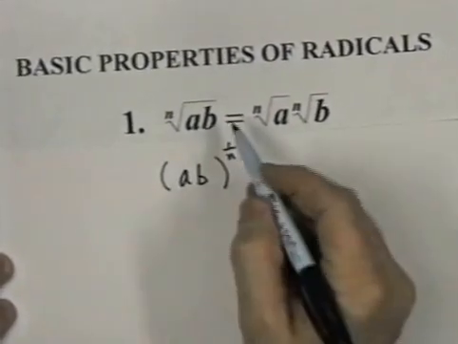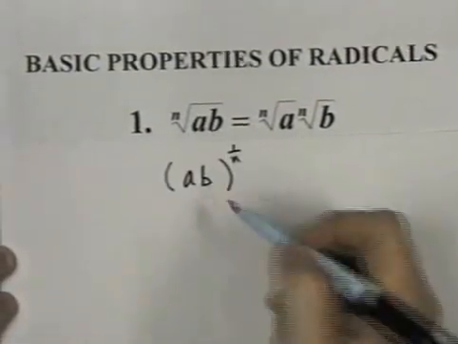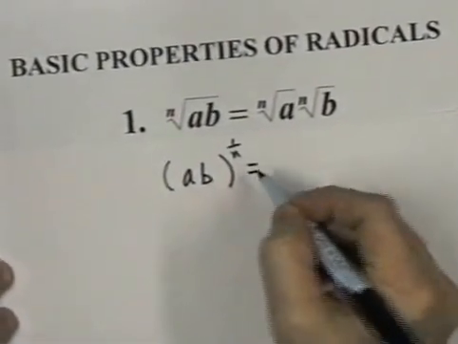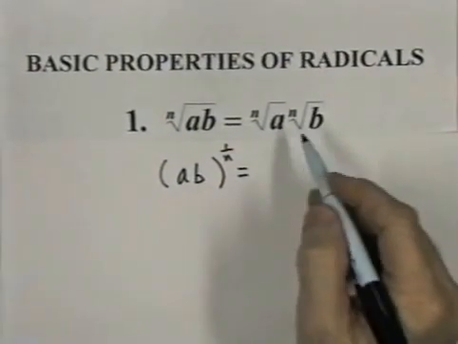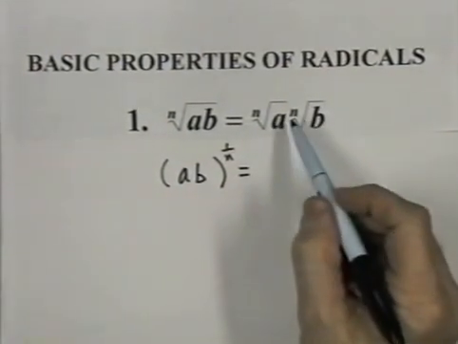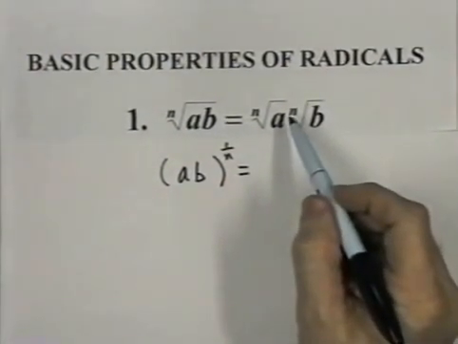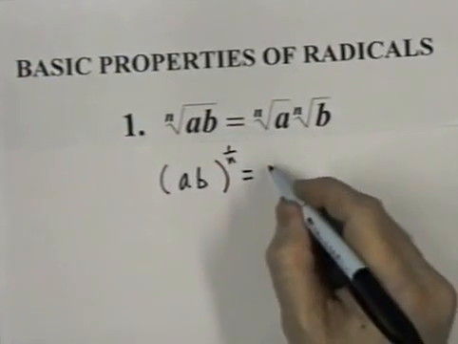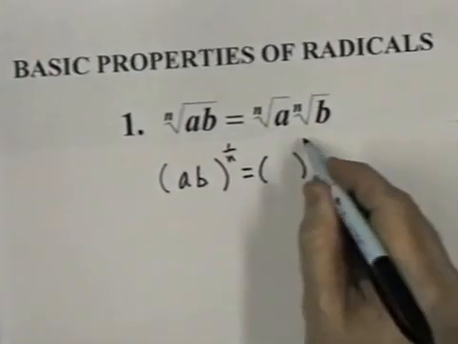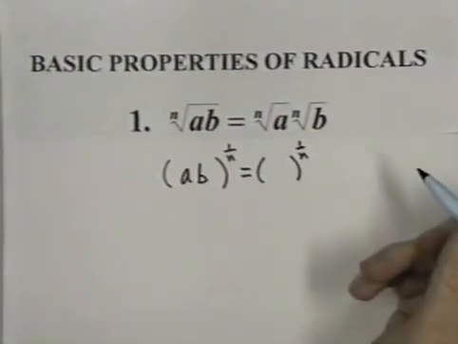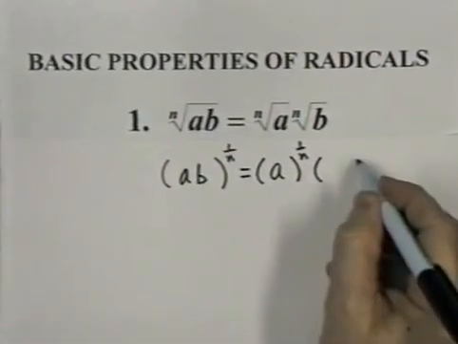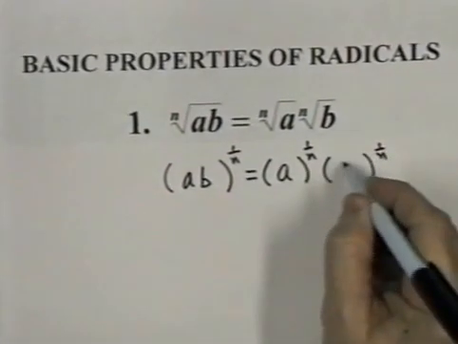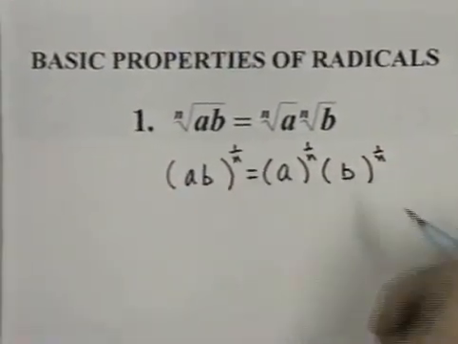So the left side of this property can be written like that, and the right side of that property, we can do a similar thing for both these 2 factors. Take the first factor and change that nth root radical to quantity 1 over n and put its radicand as the base, and do the same thing for the second factor, and you get this statement.